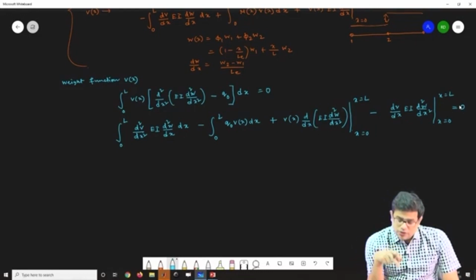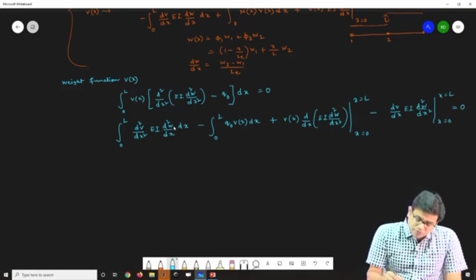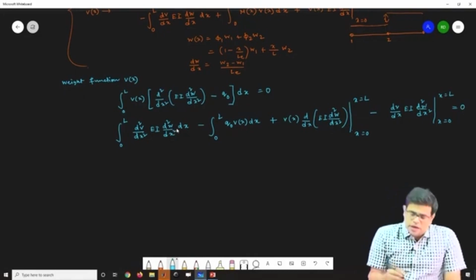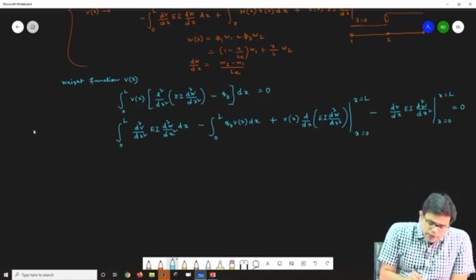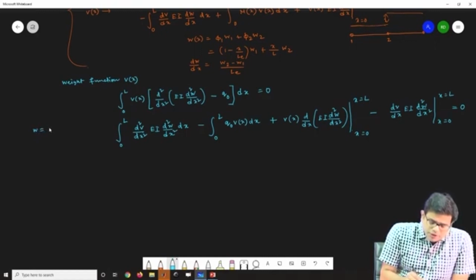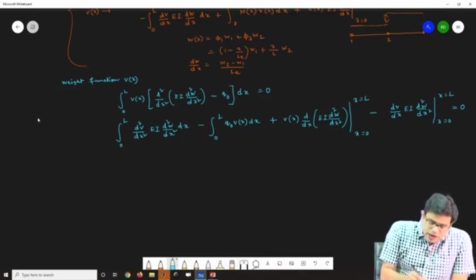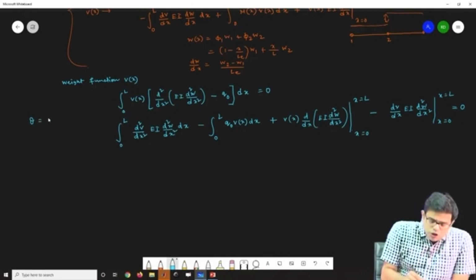So this is one of the things, and another thing is that we are constrained with one more thing, that is w must be, or the slope theta should be dw/dx.